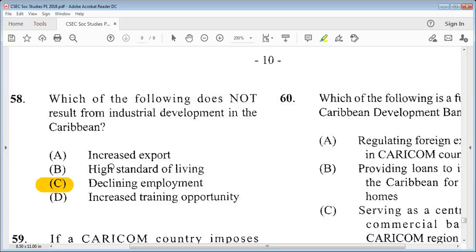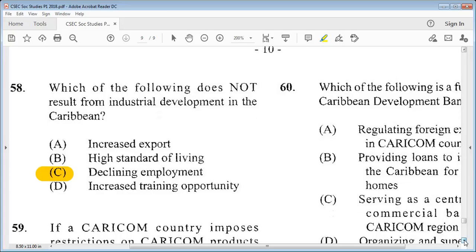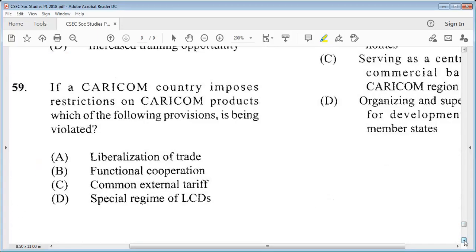Increased export would result. High standard of living would result in industrial development in the Caribbean. And increased training opportunity would contribute to the industrial development. So C, decline in employment, that's the one that would not. Let's go on to 59.